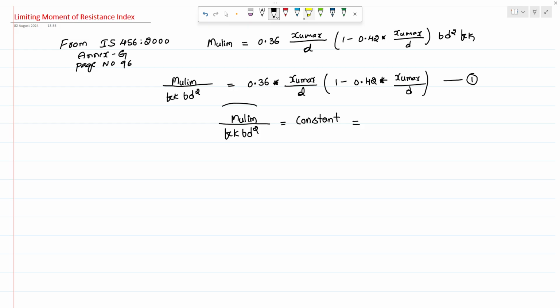So this constant is called the limiting moment of resistance index.